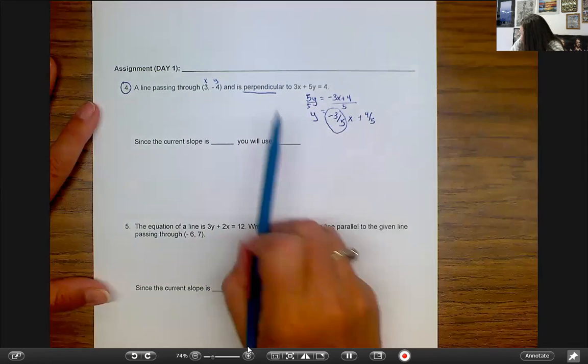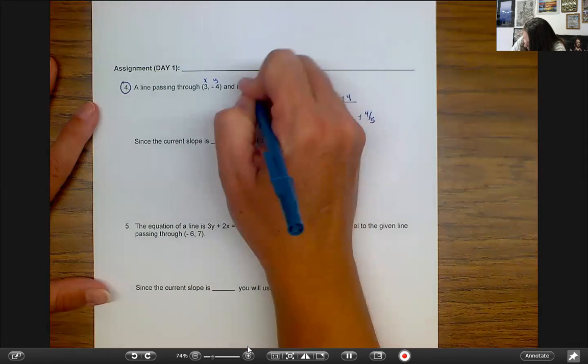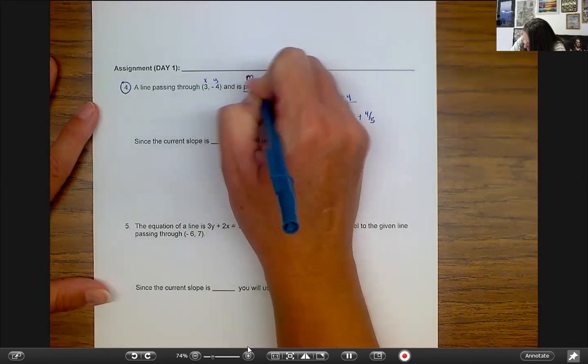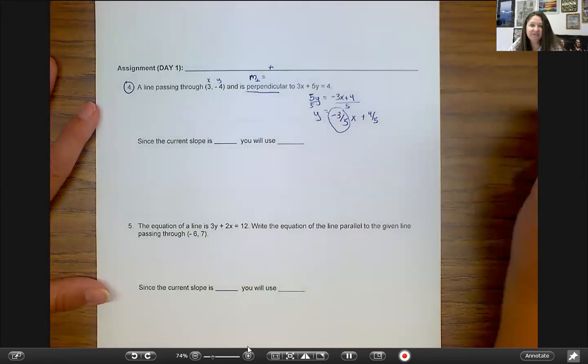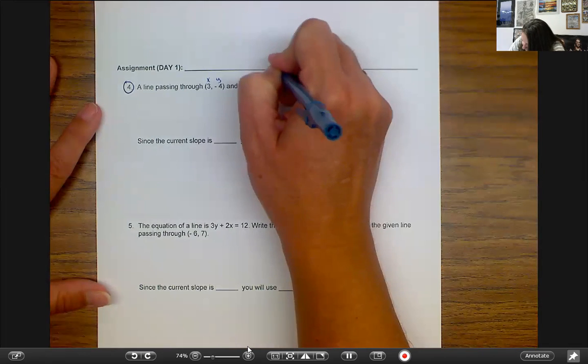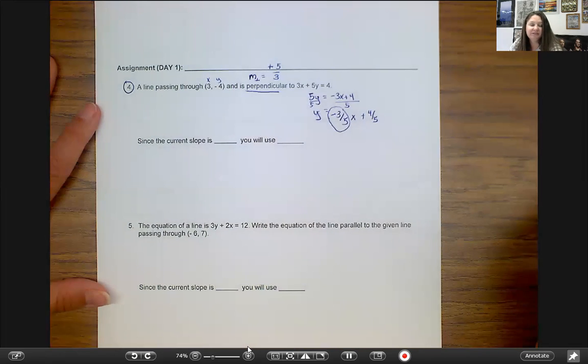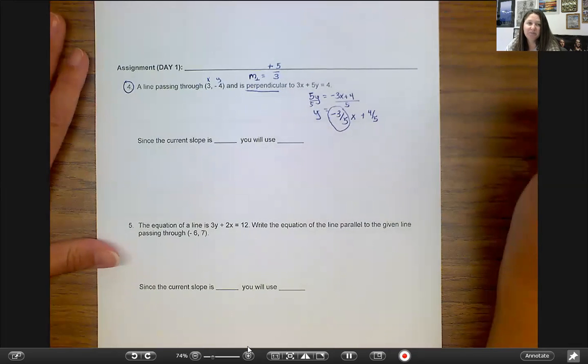However, we want to run perpendicular to that. So the slope that I'm going to want to use that runs perpendicular is going to have the opposite sign. This was negative, ours is going to be positive, and the reciprocal of 3/5 would be 5/3. Now we're also going to have to deal with that fraction appropriately when we go to plug that in.